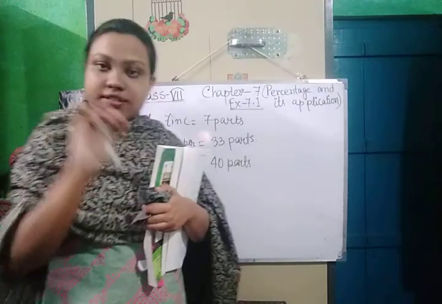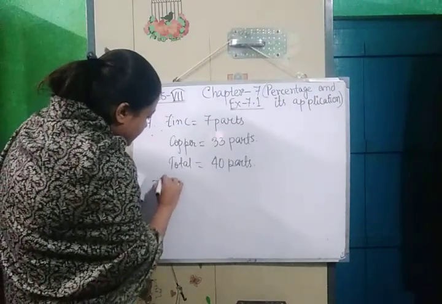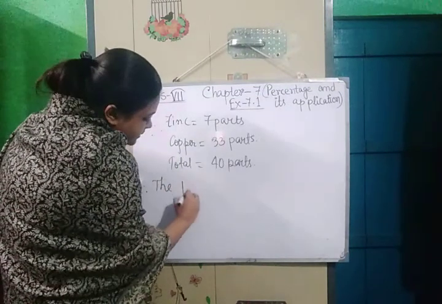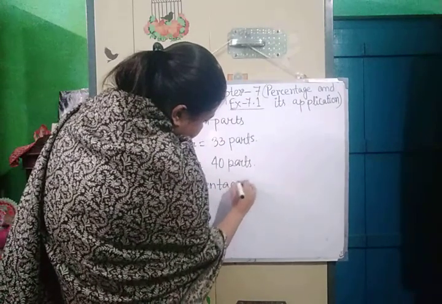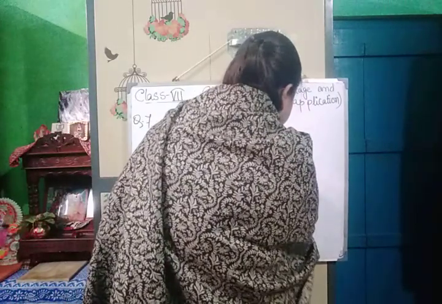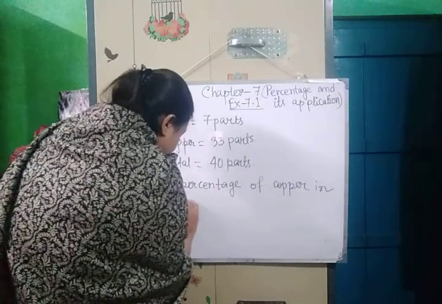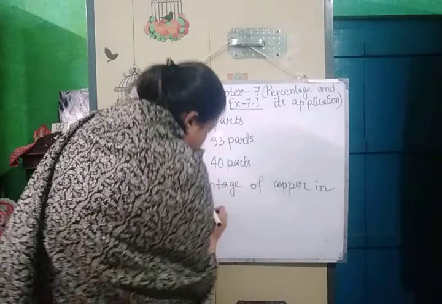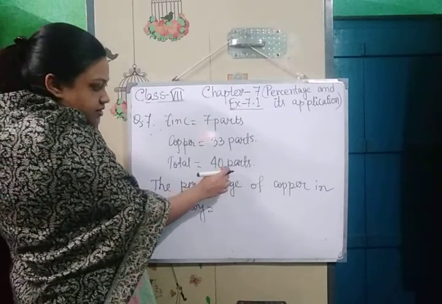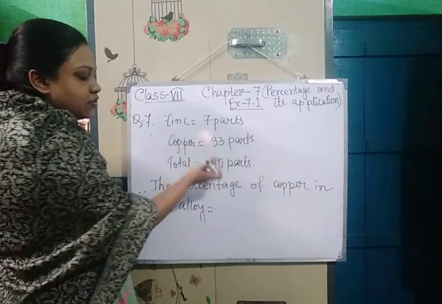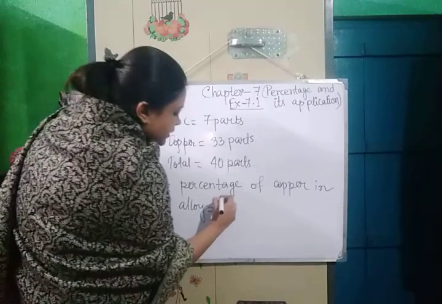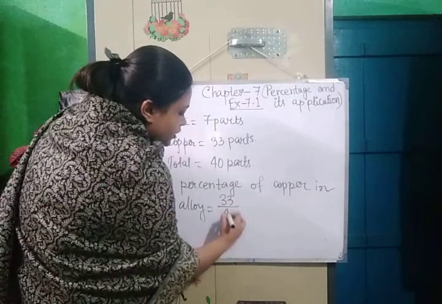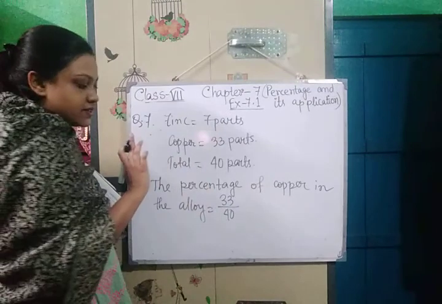So we will just directly write down that therefore the percentage of copper in the alloy is equals to, see, out of 40 parts, 33 parts are copper. Out of 40, 33 parts are copper. So what is the fraction of copper? 33 by 40.